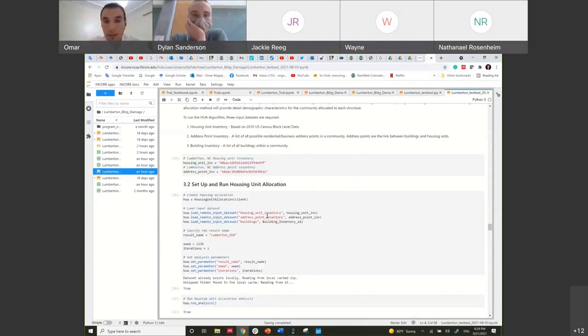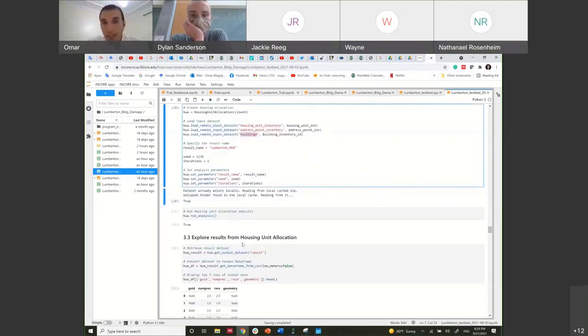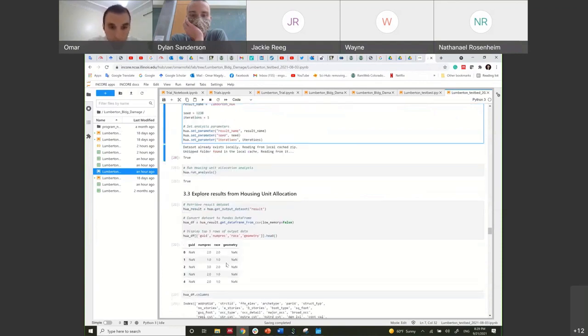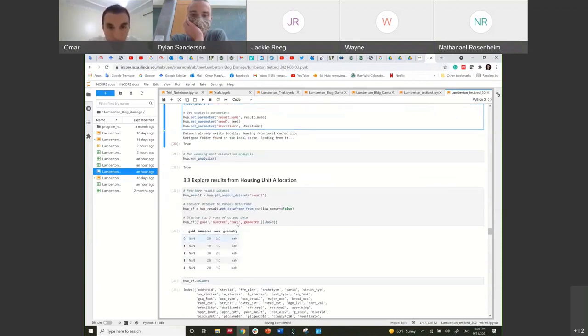So he loads the housing unit address points, and the building inventory we already have from previous code. And then he runs the allocation analysis, and here is a summary of the results.